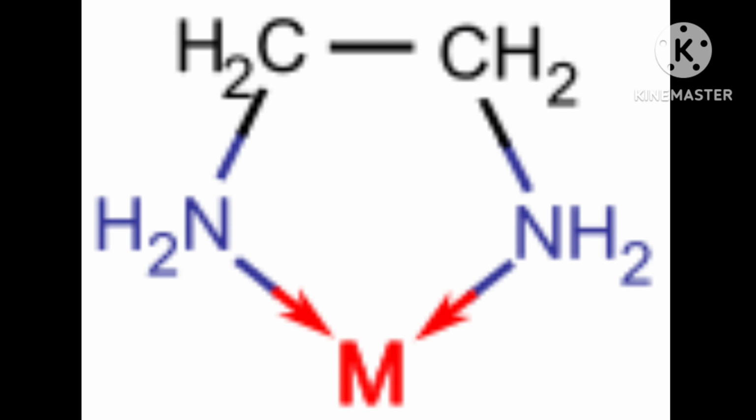Similarly, in the complex ion Fe(C2O4)3 3 minus, 3 C2O4 are joined with iron. And with cobalt, suppose 3 en are attached, Co(en)3 3 plus.